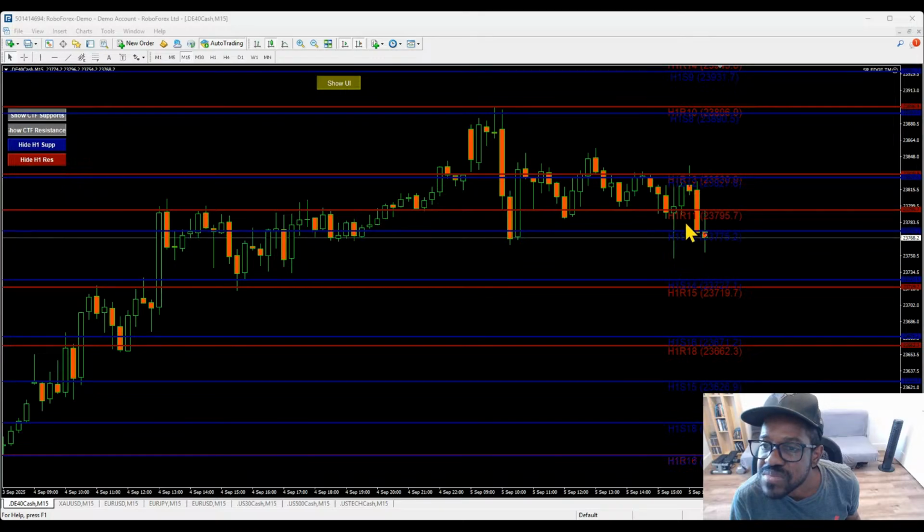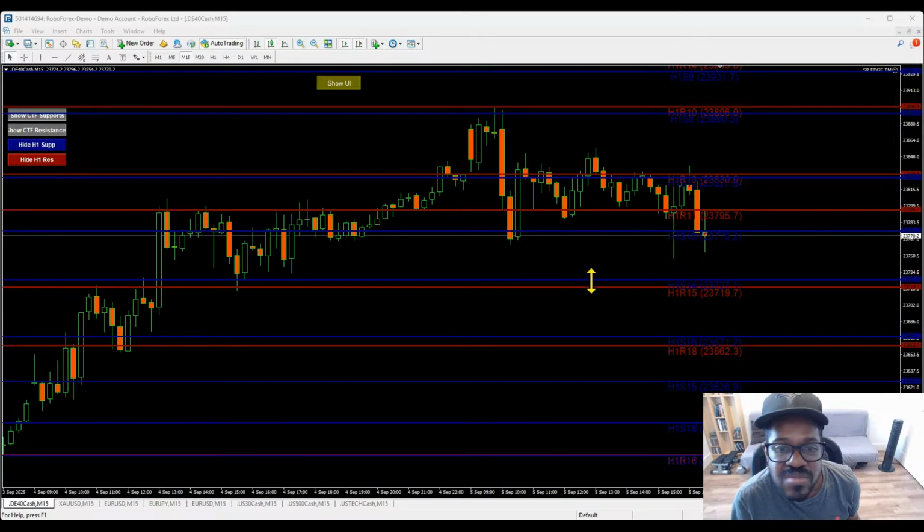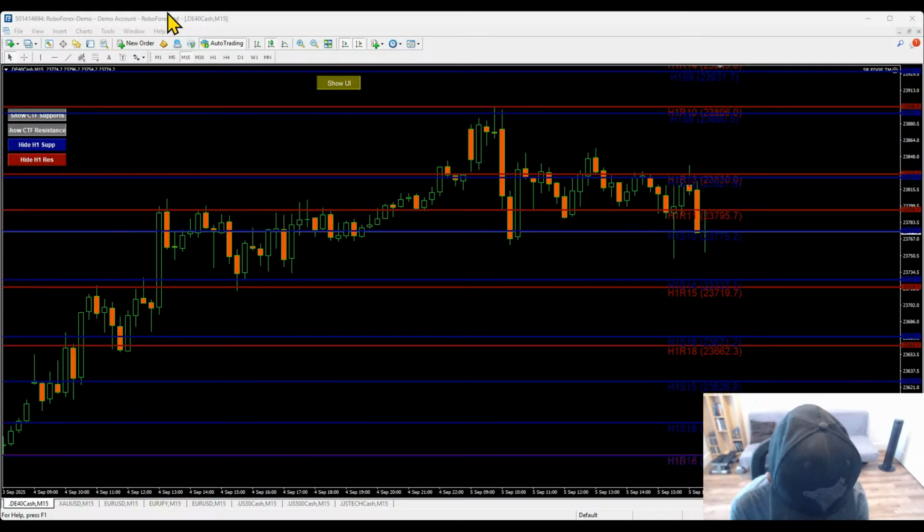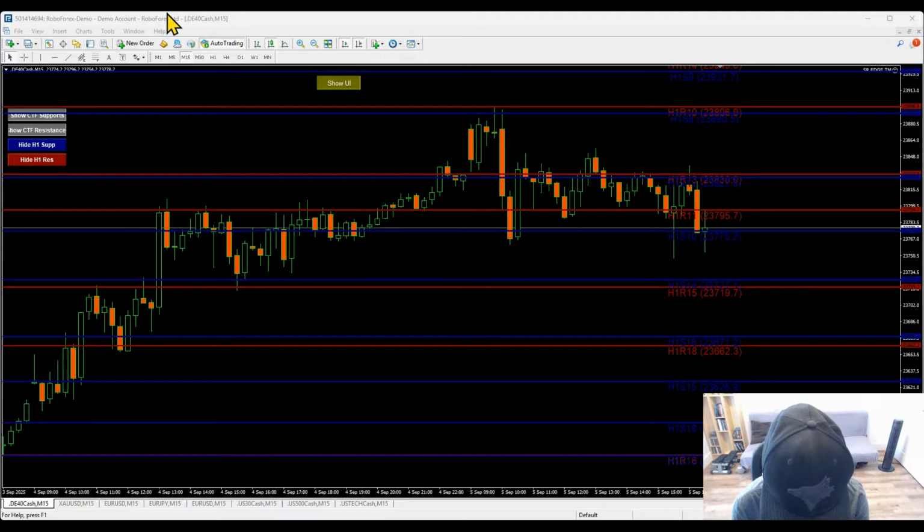Buy US 100 at price 23,836.1 on 15 am time frame at time 9 hours 42 minutes and 17 seconds. Buy US 100 at price 23,836.1 on 15am time frame at time 9 hours 42 minutes and 17 seconds. Buy US 100 at price 23,836.1 on 15am time frame at time 9 hours 42 minutes and 17 seconds.